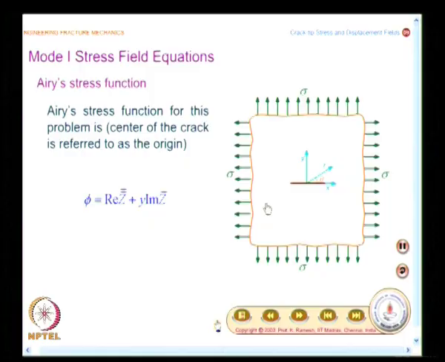So, all those approximations you have to keep track of, and in the case of fracture mechanics, when some equation is specified, you should know whether they are referred with respect to the crack center as the origin or crack tip as the origin. So, keep this at the back of your mind.